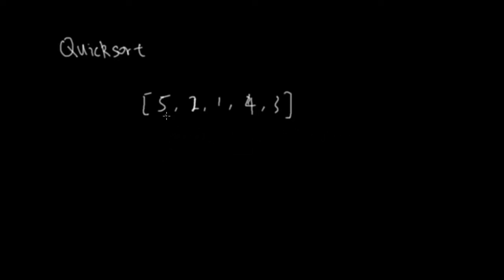For example, if we put 5 into here, if we put 2 into here, if we put 1 in here, if we put 4 in here, if we put 3 in here, then the entire array is sorted, right?